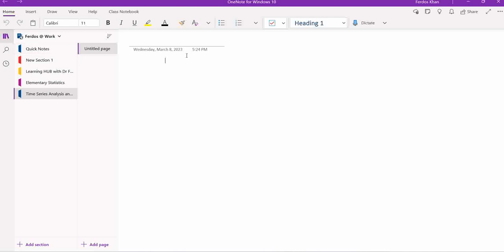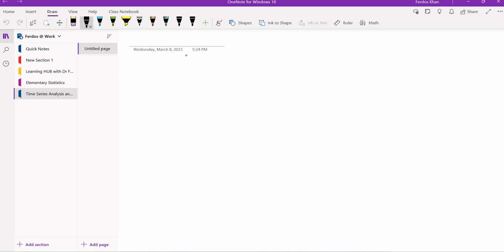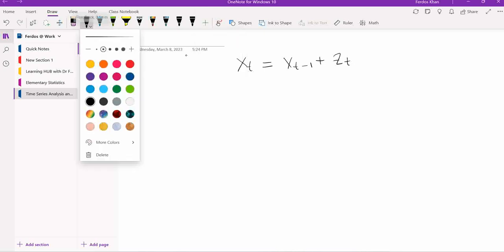You can write the random walk process as Xt equals Xt minus 1 plus Zt.